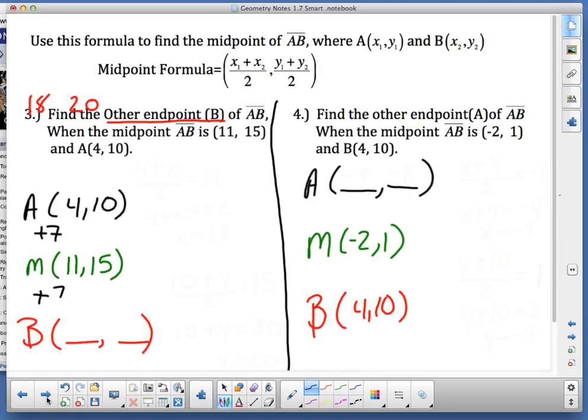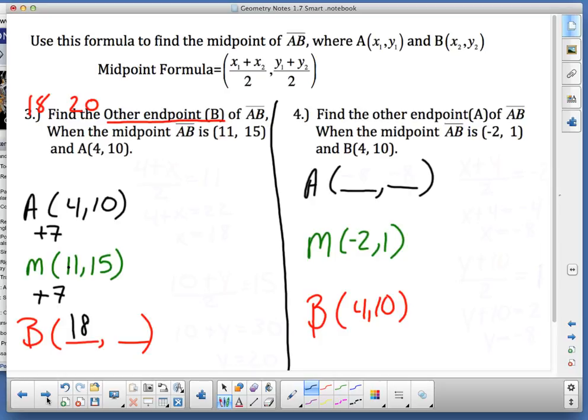So I'm going to add 7 more to the 11. Okay, remember, this is just for my X value, my X's. So 11 plus 7 gives me my 18. Does that make sense? And I'm just using the idea that midpoint is manipulated by how far I've gone already.